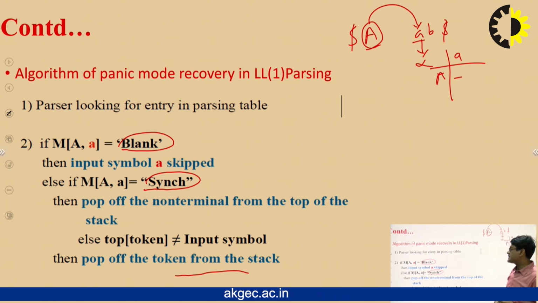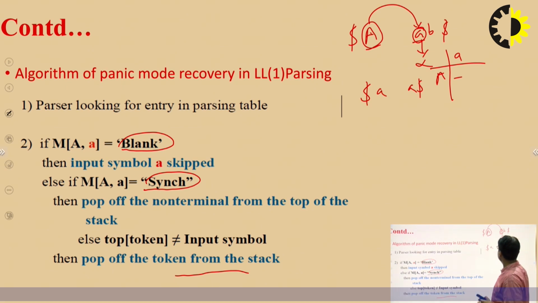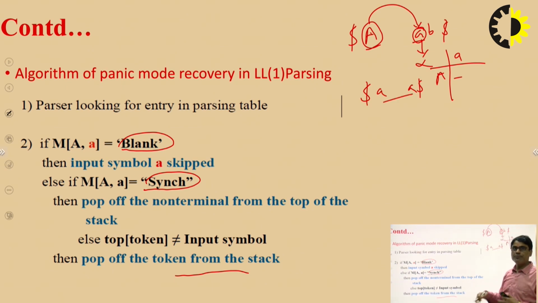Else, what is the top token? Top token means whatever is at the stack top. If it is not an input symbol, because when we are getting two input symbols, then it is popped off. We have to eliminate the matching input symbols from the stack and the input. How?